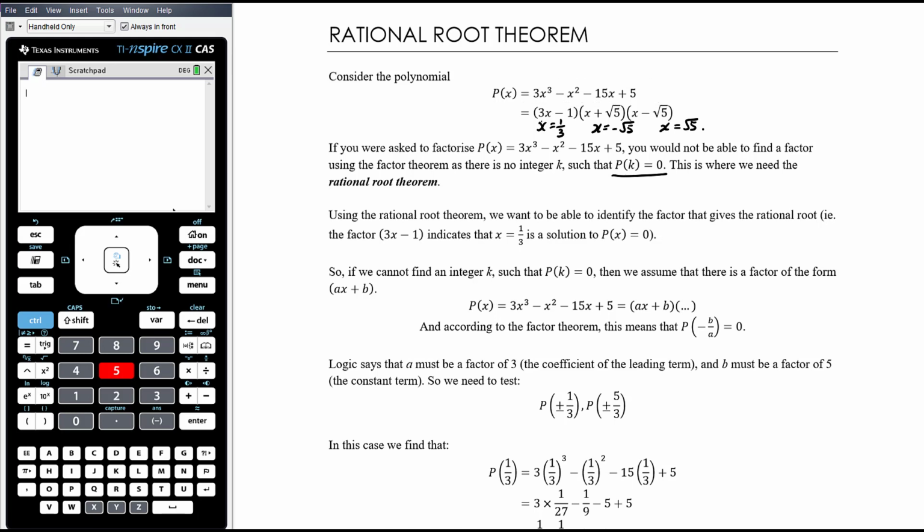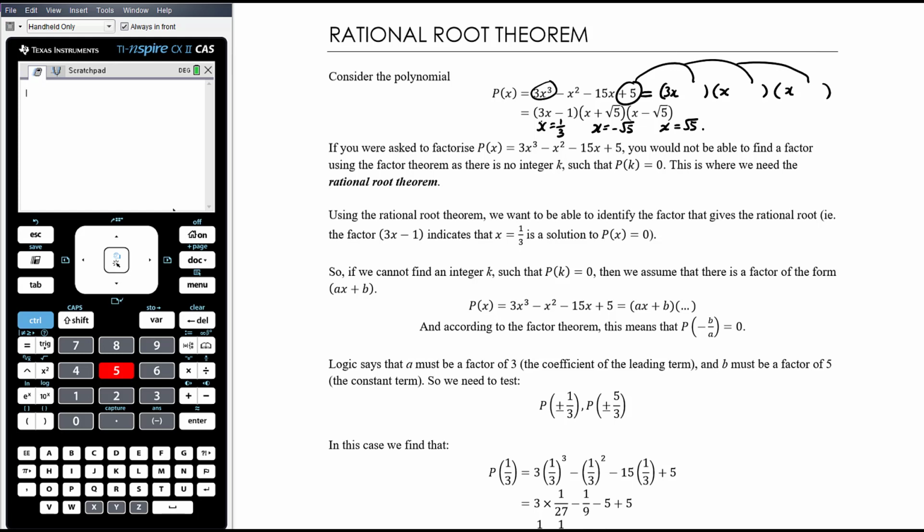The other thing to think about when we're using the factor theorem to try and find our first factor is there's not infinitely many things we can try. What we're essentially trying to do is factorise a polynomial. We know there's a 3x cubed here, so that would mean there's probably a 3x and an x and an x. Possibly not, but let's just go with that for now. And then we would think about this plus 5, because we can only have 5 and 1 and 1, or negative.